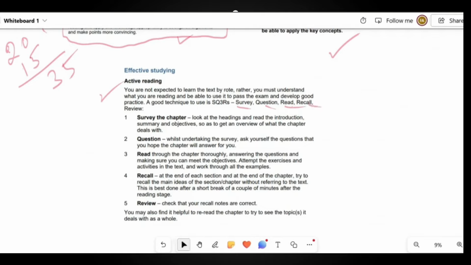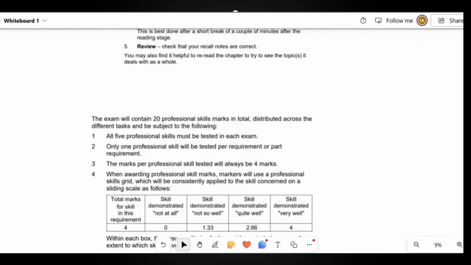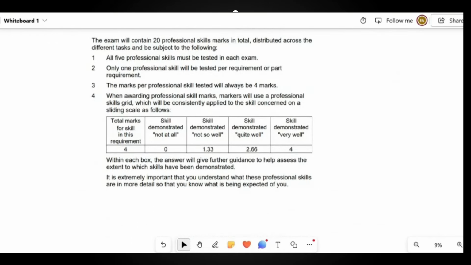This is a little highlight I would like to express about the 20 marks, how you will achieve your professional marks. As we discussed, 4 professional marks are there in each part of the question. In each question there will be almost 5 professional marks opportunities.